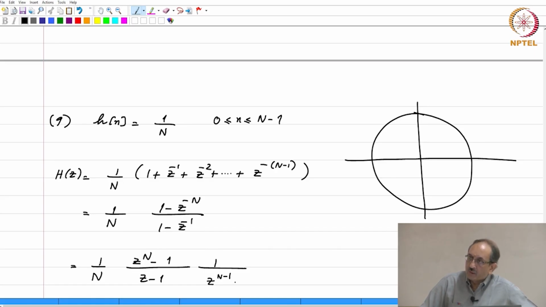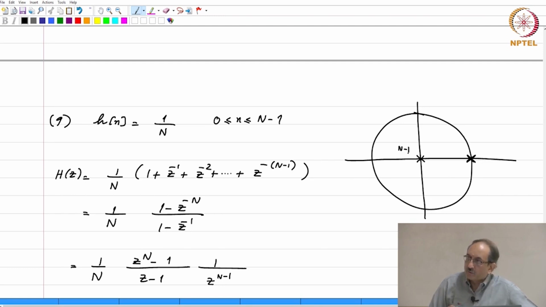Now, if you start to look at the poles and zeros of this, there is a pole at z equal to 1. There is also a trivial pole of order n minus 1. So, you have this.